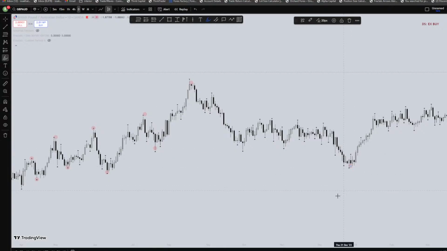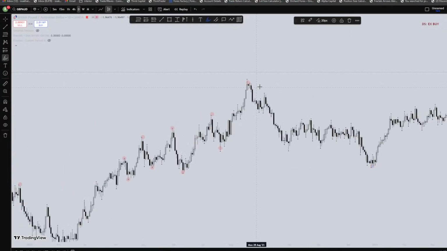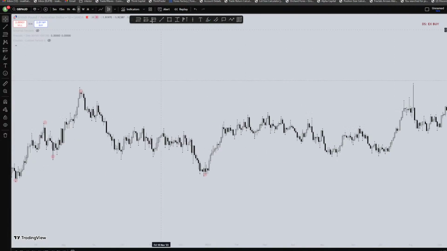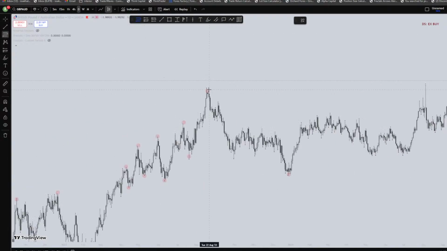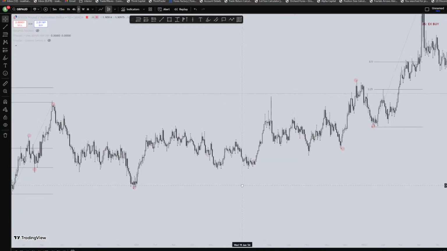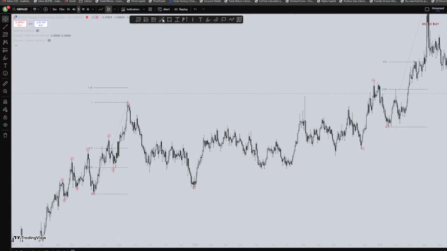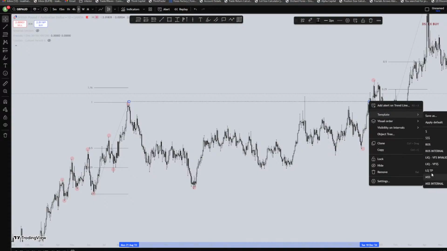And now, peak right there, so this is all internal perception. And now we have rallying higher to here.